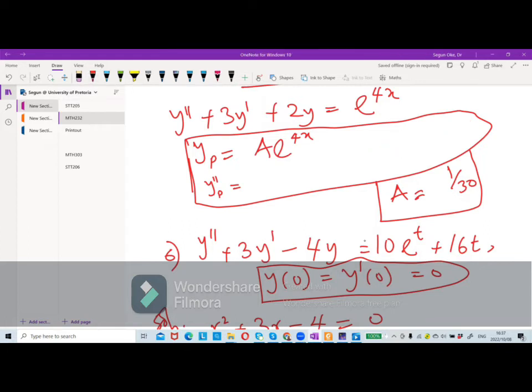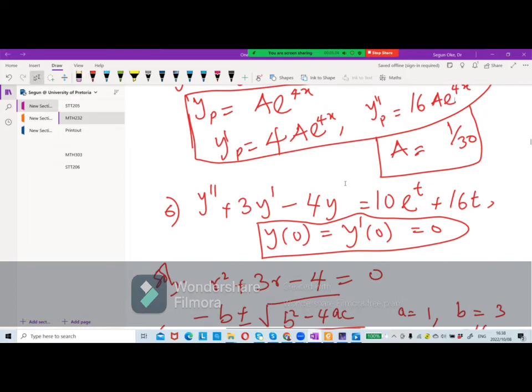When you differentiate, what do you have? You have yp prime equals 4a exponential 4x. Then when you differentiate again, you have yp double prime equals 16a exponential 4x. At the end of the day, your a will be equal to 1 over 30. If you solve it very well, then you substitute it into the general equation.